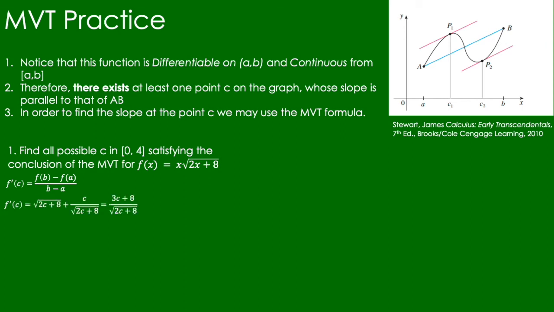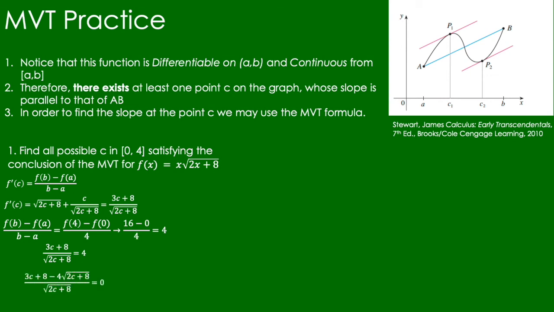Now, we need to take the derivative of the function. In this case, this involves product rule. Now we need to plug the values into the average rate of change, and we'll get 4. Then we need to set those things equal to each other, and if we subtract 4 and get common denominators, this is what we'll get.